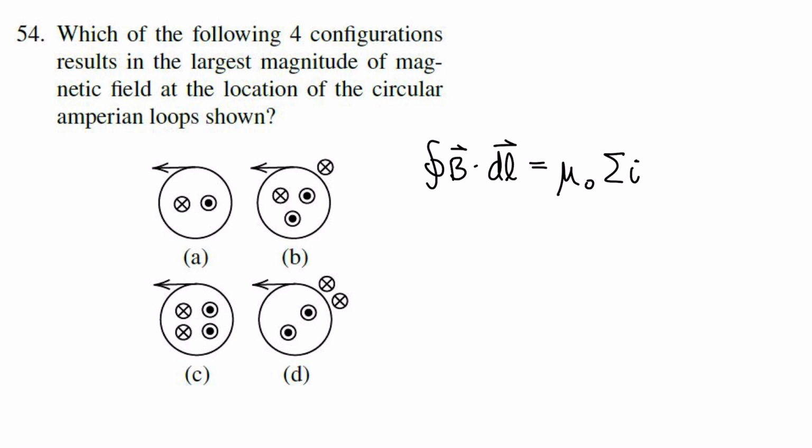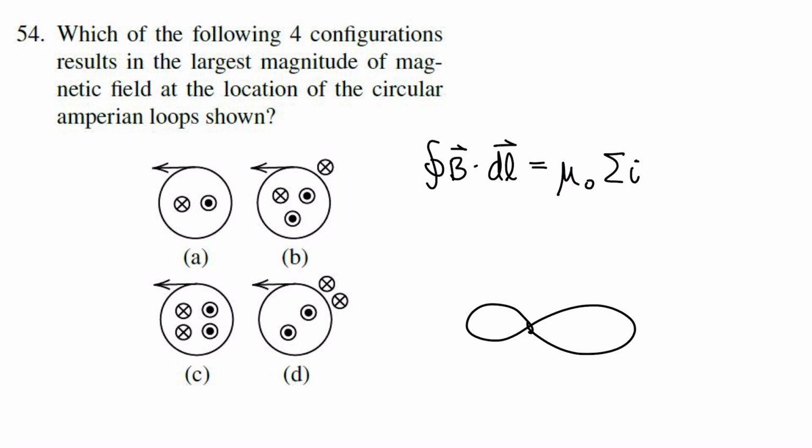If you have multiple loops, for example something like this, it can get a little more complicated. For that, you need to use your right hand rule. Stick your thumb in the direction of the current and then see which way your hand is curling to determine whether the 2 currents in 2 different connected loops are both positive or both negative.